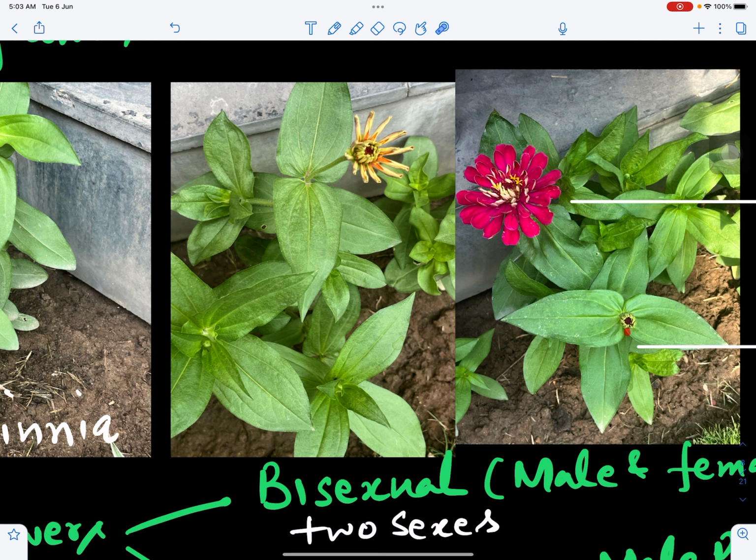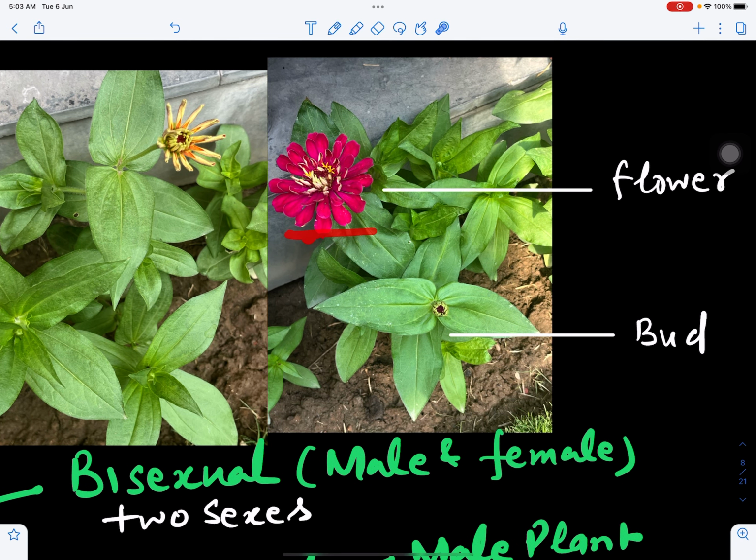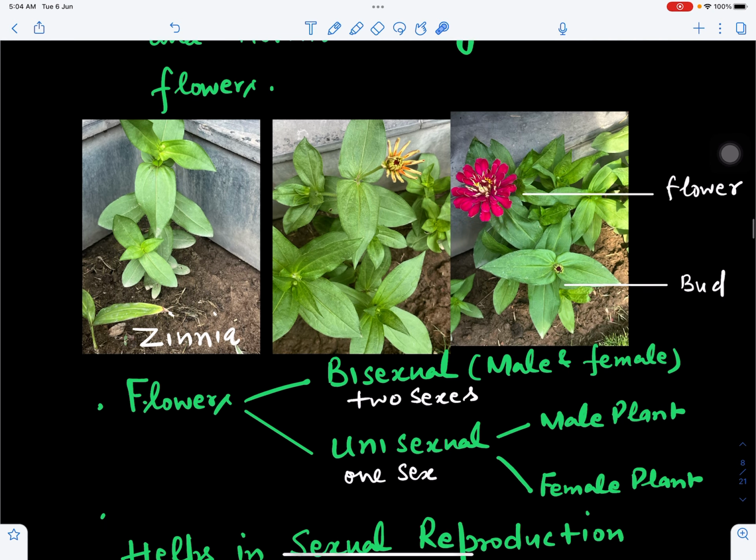And when these buds open, they open like this. And here the flower is completely produced. So this whole process has led to many structural, anatomical and hormonal changes which have led to the production of the flower. And even day length is also very important.